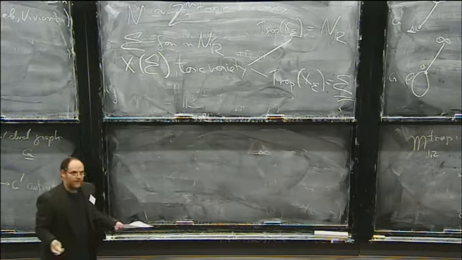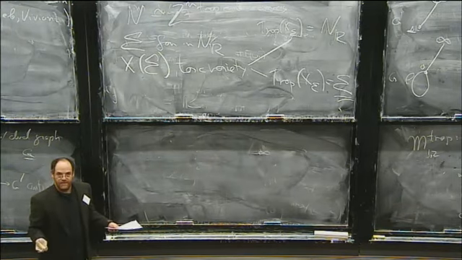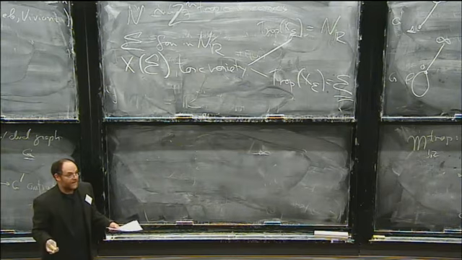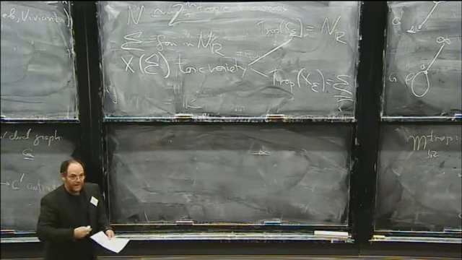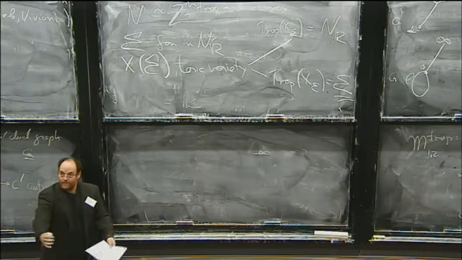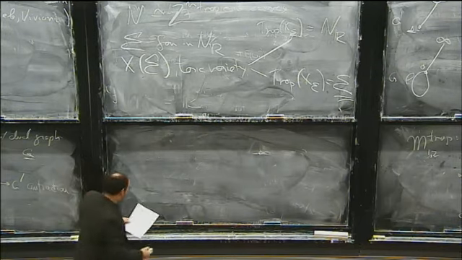But we have a problem because the moduli space is not a toric variety. It's quite far from being a toric variety. It cannot be embedded in such a way that its boundary comes from a toric variety.